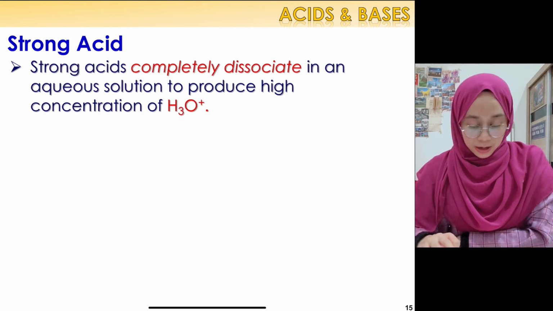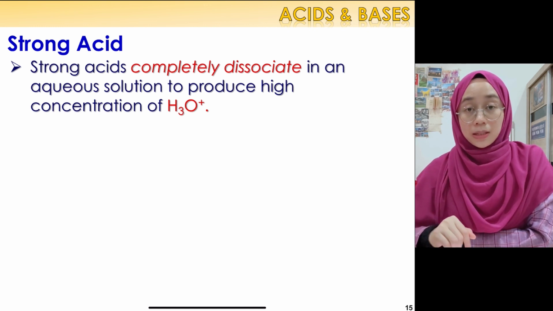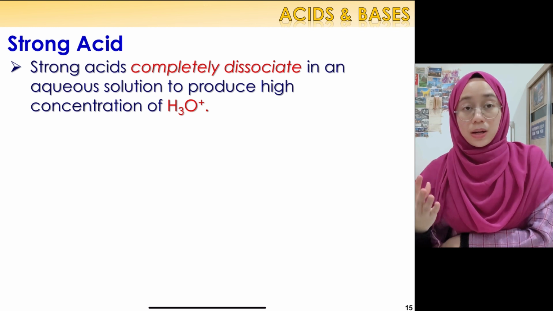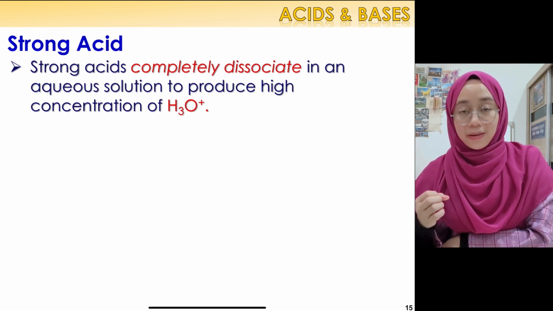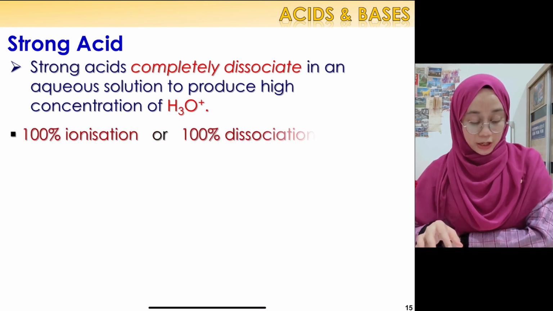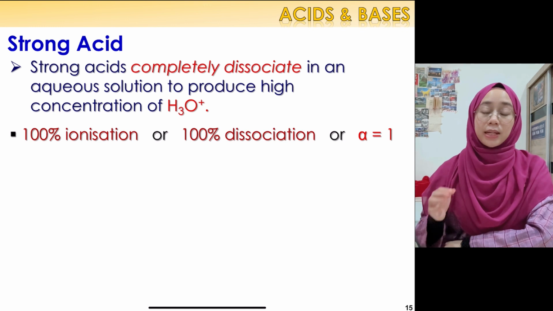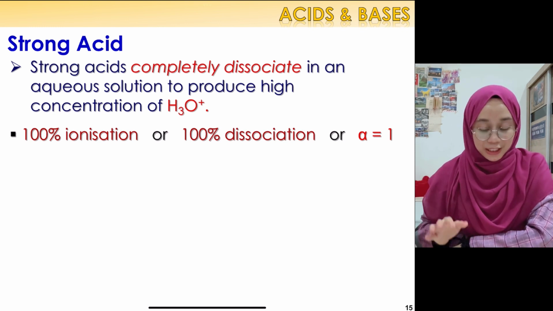Okay, in aqueous solution to produce a high concentration of H3O+. So since dia semua akan dissociate jadi H+ ataupun H3O+, so it has a very high concentration of H+ ion ataupun H3O+ ion. So 100% ionized, 100% dissociate ataupun alpha dia equals to 1 sebab dia 100% dissociate kan.